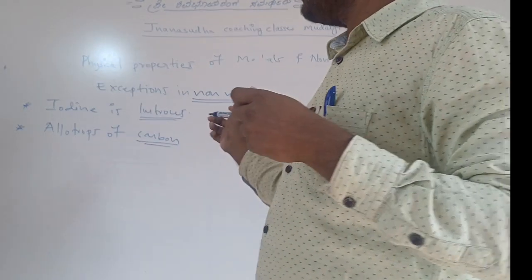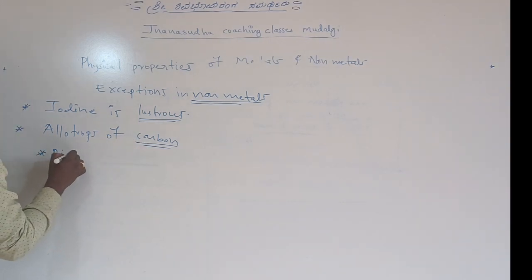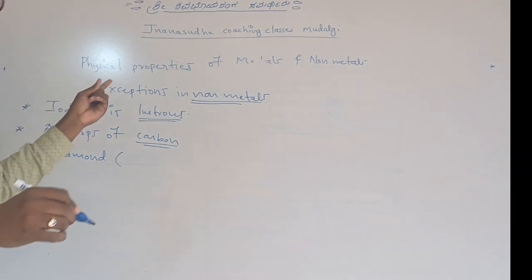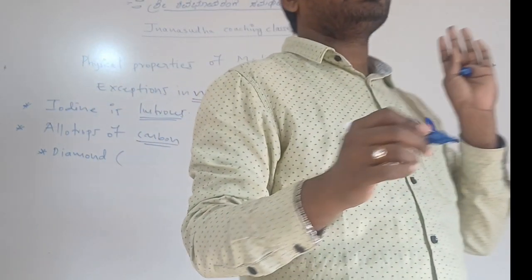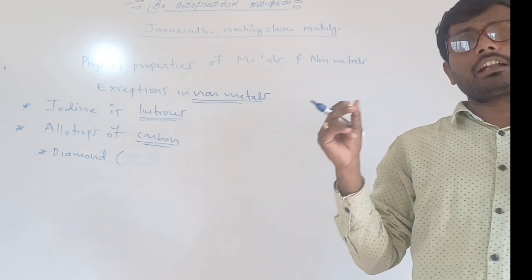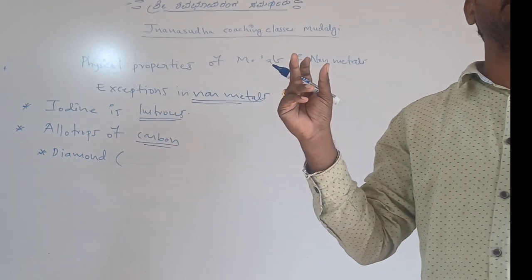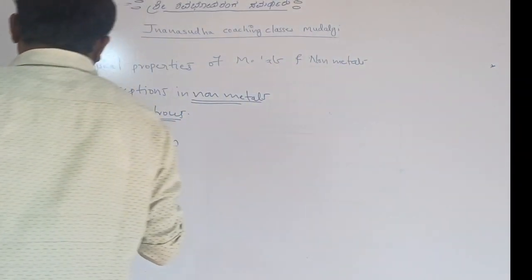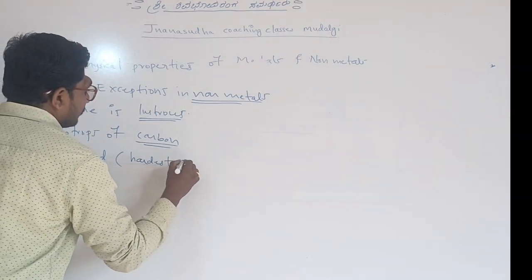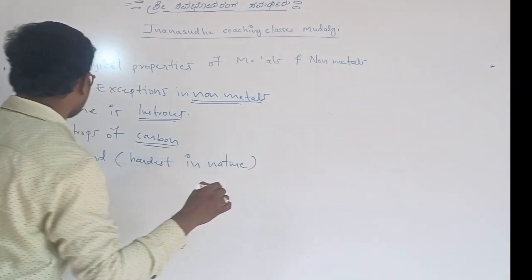One allotrope of carbon is diamond. Diamond is an exception because it is lustrous and hardest in nature. Almost all non-metals are soft, but diamond is the hardest material in nature.